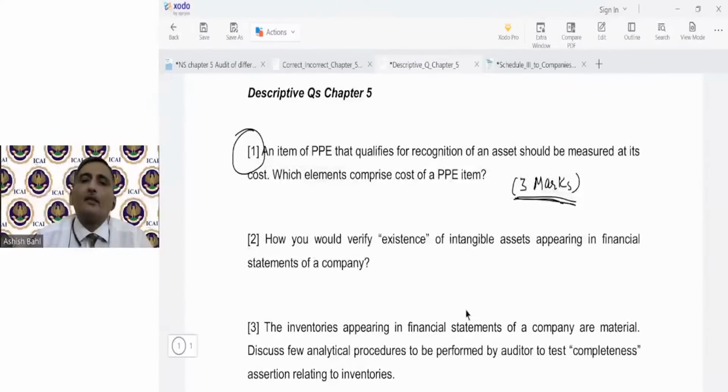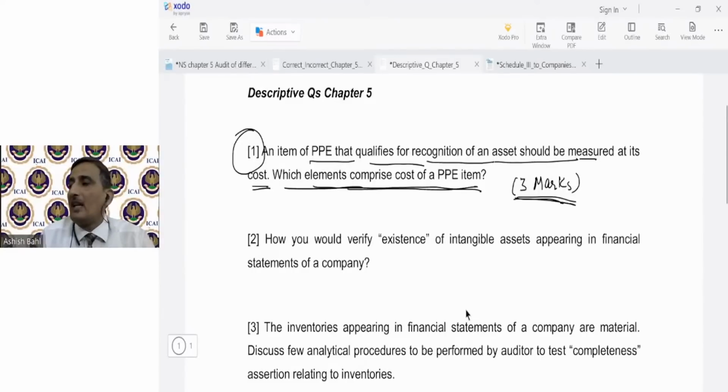Okay. So like an item of PPE that qualifies for recognition as an asset should be measured at its cost. Now, which elements comprise the cost of a PPE item? So obviously this question straight away relates to AS 10.